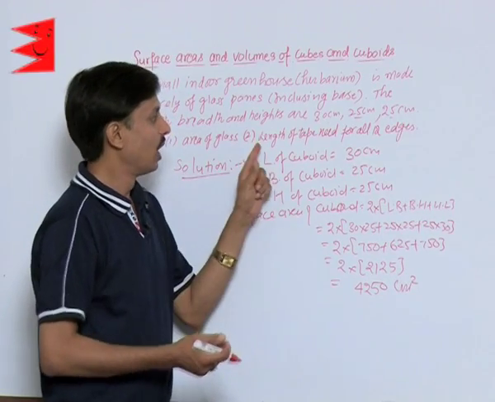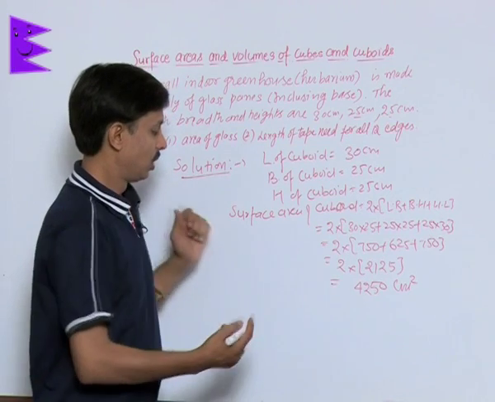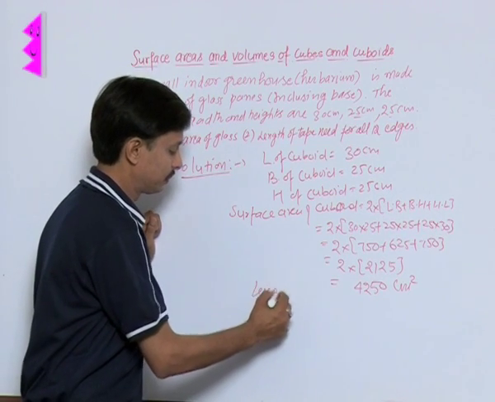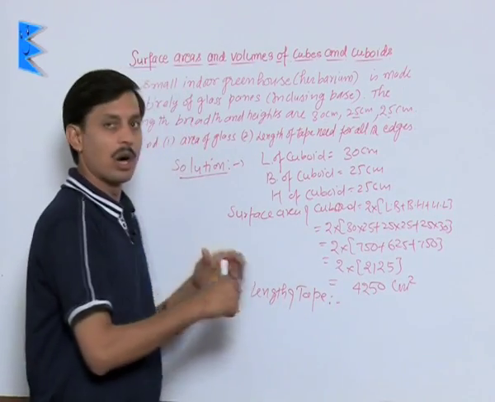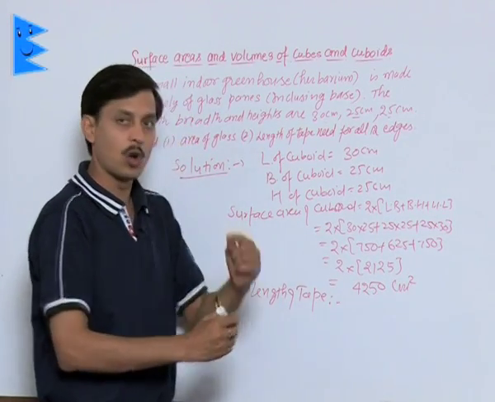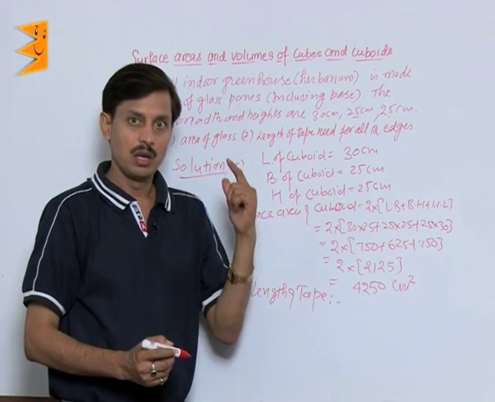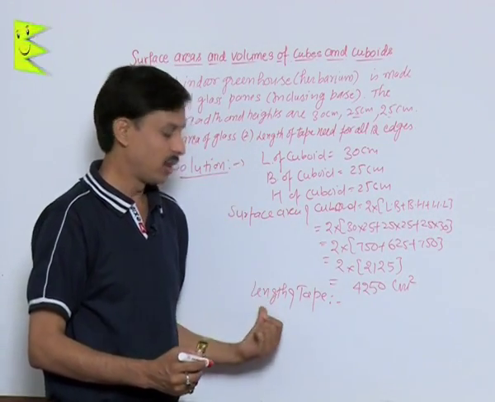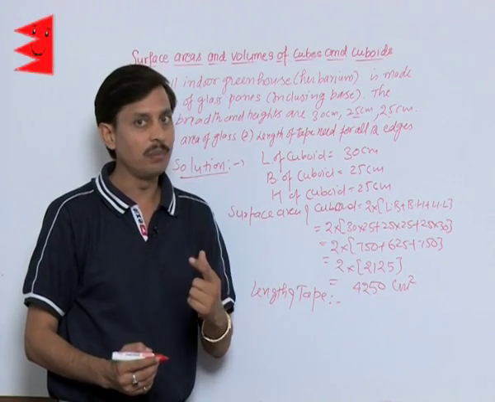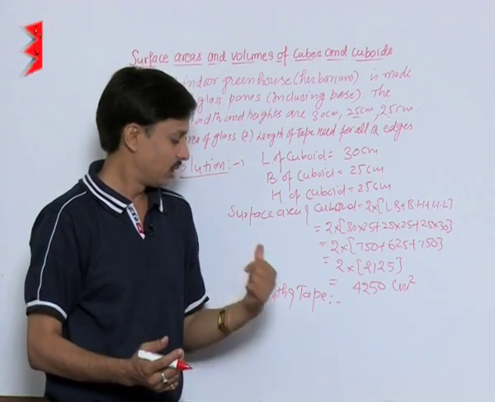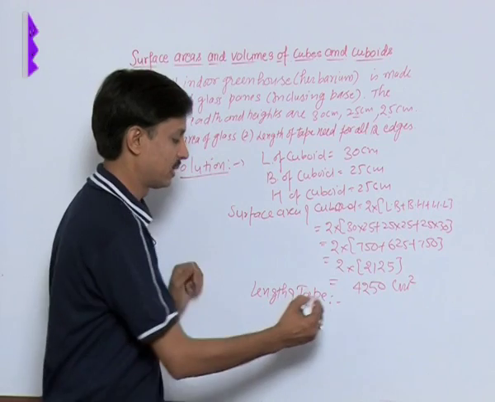That is the first answer. Now the length of the tape for all 12 edges. Because the tape will be fixed on all 12 edges, the length of tape is equal to the total perimeter, that is 4 lengths plus 4 breadths plus 4 heights.